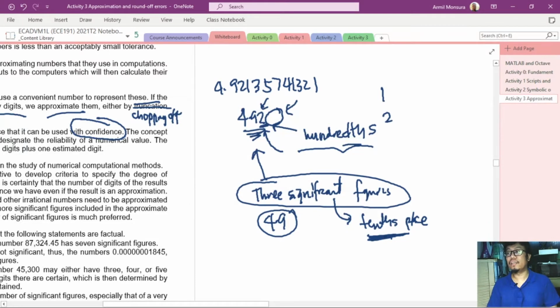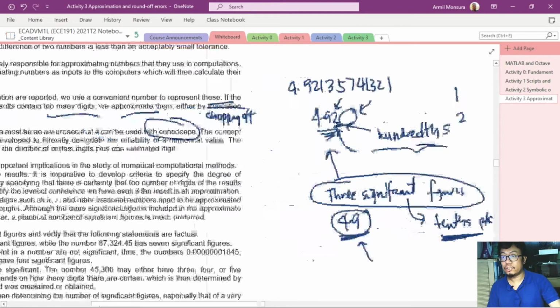Okay, that means that we are confident to say that these two numbers are correct. Okay, but we're not really sure about 2 here. Okay, so, at least we're confident that 4.9 is correct. Okay. The 4 and 9 here in this number is certain and is correct. Okay, so that's how significant figures quantify your confidence in terms of expressing a certain number.